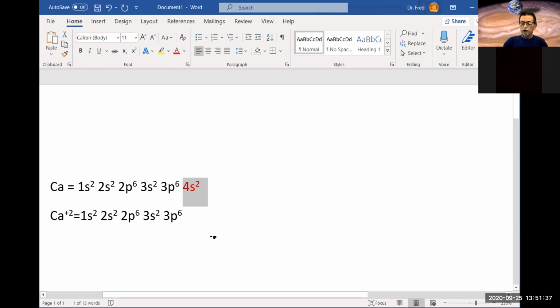That is the valence shell of the calcium atom. So the fourth energy level, fourth period, has 2 electrons in the outermost shell.